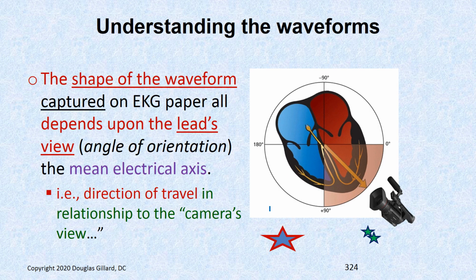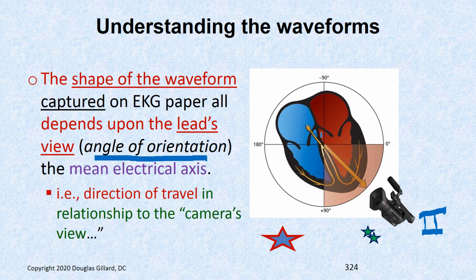Understanding the waveform. So the shape of the waveform captured on the EKG paper, we said this already, all depends on the lead's view of the heart. Remember the elephant. And that view of the heart is called the angle of orientation. This is the angle of orientation of this camera. That happens to be where limb lead 2 would be, but that's its view of the heart.